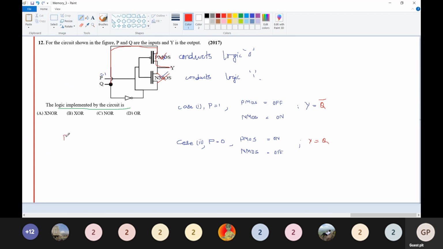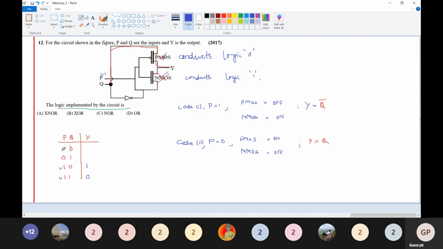Now we look at the truth table, with two inputs P, Q and output Y: 0 0, 0 1, 1 0, and 1 1. When P is equal to 1, Y is equal to Q dash: 0 becomes 1, 1 becomes 0.